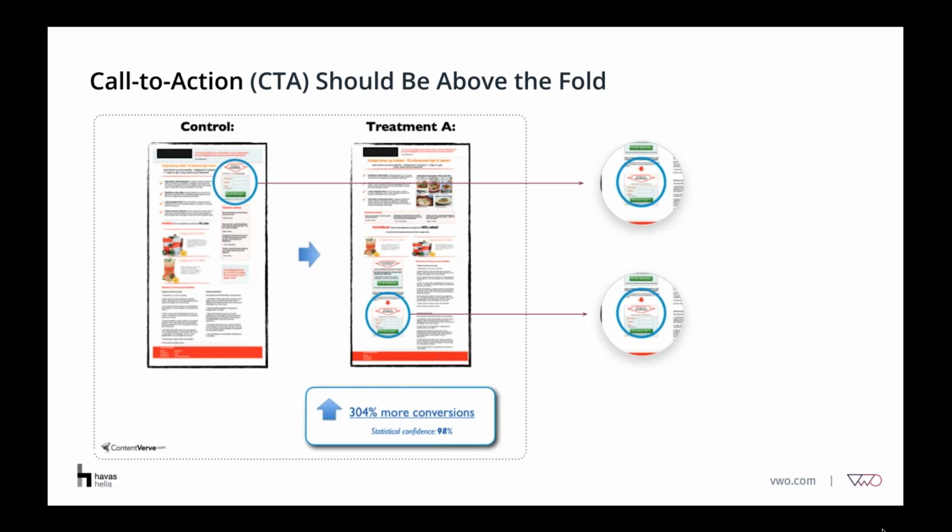Now that's very astounding for all of us, but it worked because of a few reasons. So firstly, let me just tell you about this website. They offer a subscription where dinner recipes along with their ingredients were delivered to the customer 3 to 5 times per week. Sometimes we tend to forget that there are certain curious customers who would always want to scroll down the page so that they don't miss anything important.